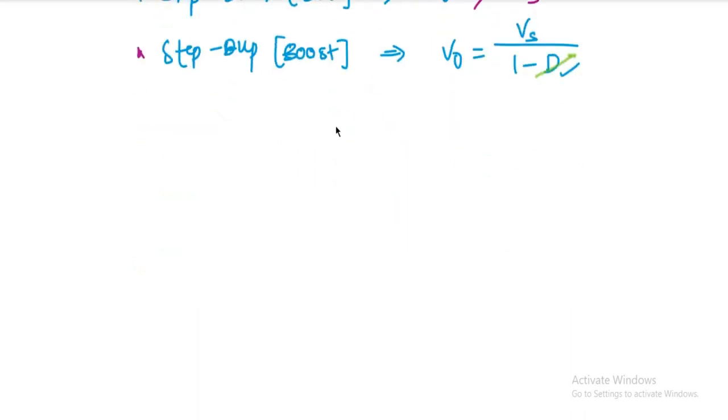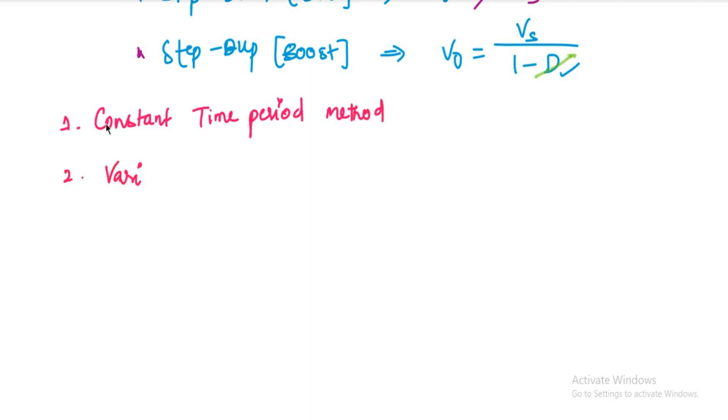One is the constant time period method, and the second one is the variable frequency method. These are the two basic methods using which we can change the value of duty ratio.